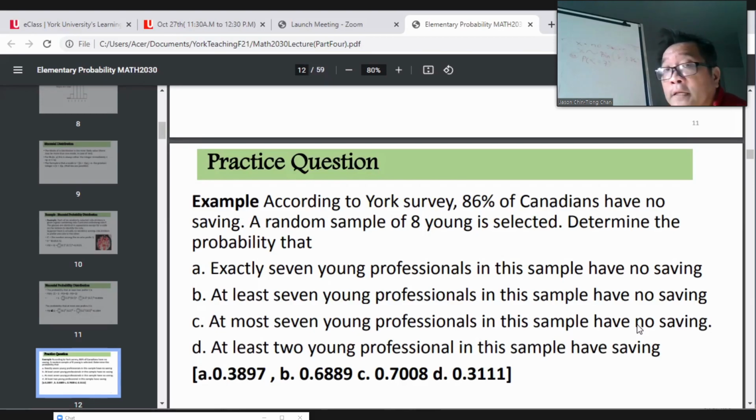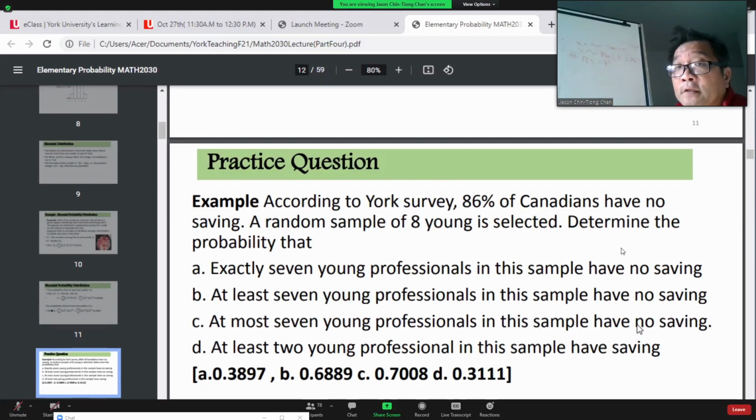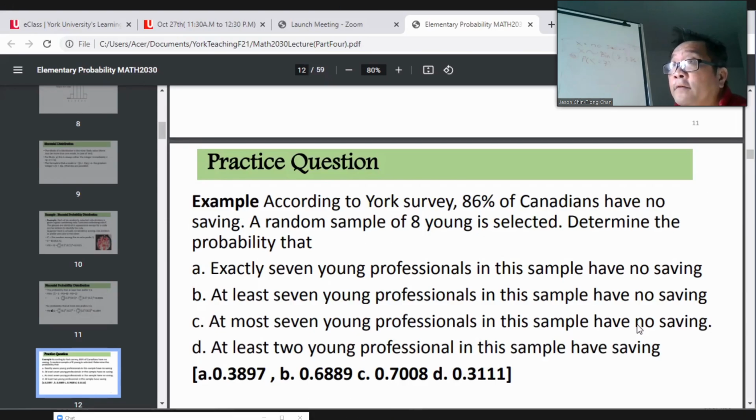No, A asks you exactly 7. Exactly 7 young professionals in this sample have no saving. Why did you put 1 minus X equal to 1? Because the question asks exactly 7, so X equal to 7. So right away, we can use the formula. Everyone okay?